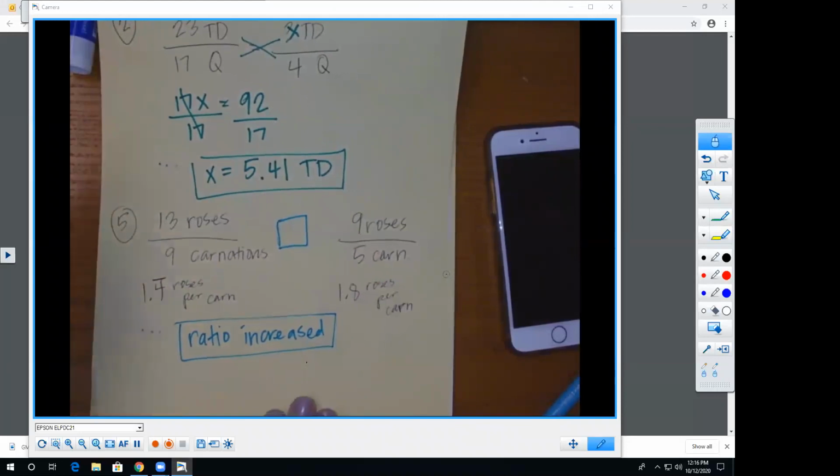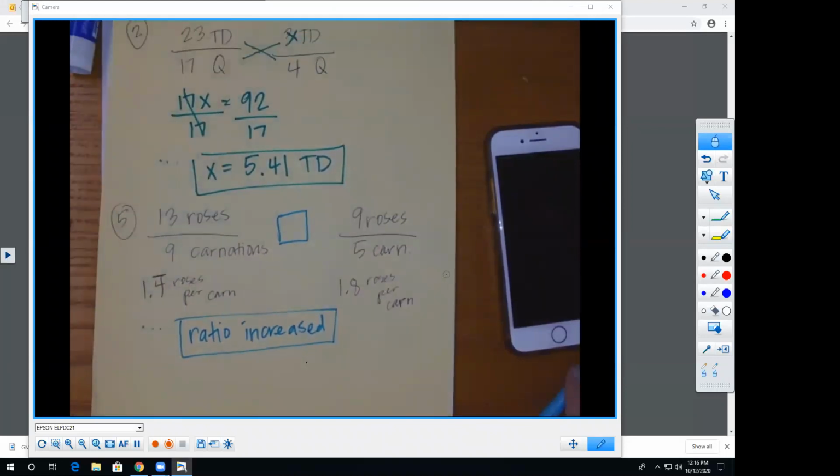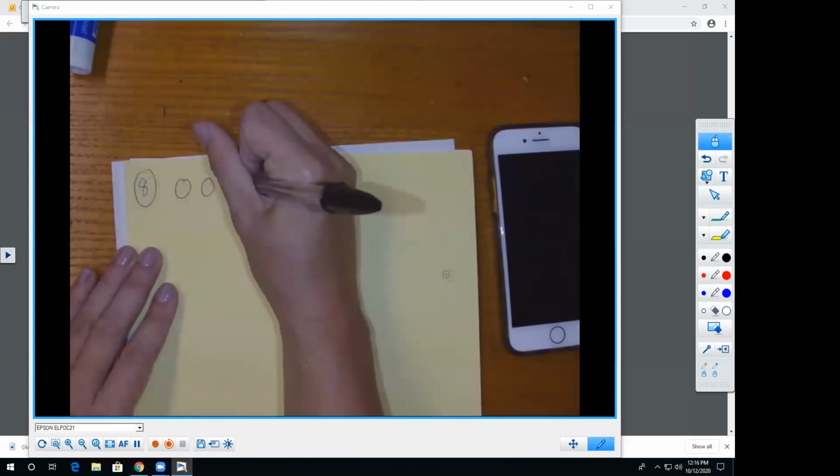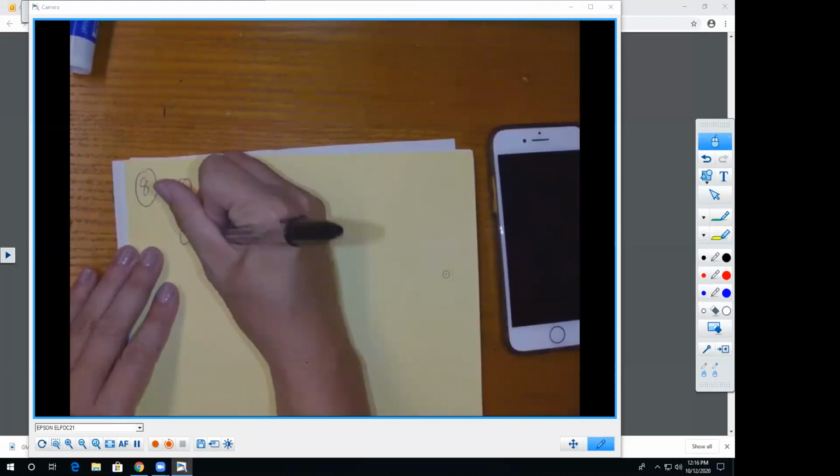The next one is number 8. It tells us that there are 8 chips in a set. So I'm just going to draw 8 circles to represent my chips. It says that there are 8 chips in the set, represent 225% of the set.